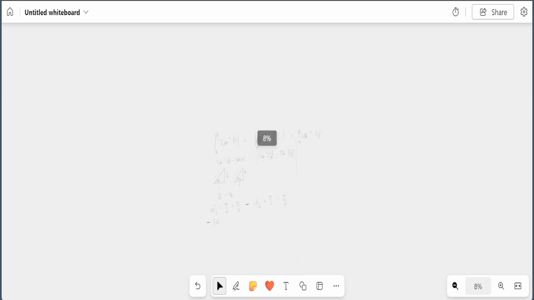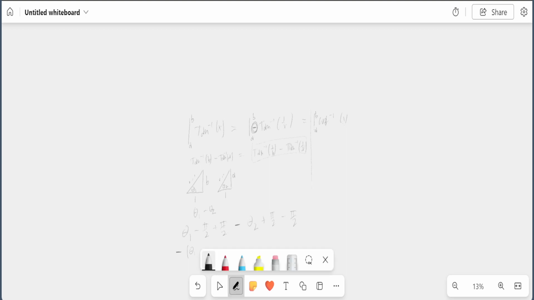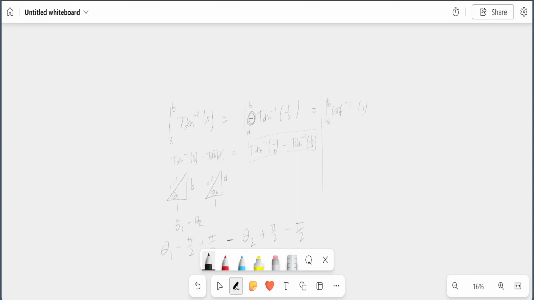This Zoom sucks. Okay, I'm going to write it off to the side, is that okay? Because I have a lot of space on the side. So I'm going to write it here. I'm going to say negative, plus pi over 2 minus, or plus, yeah, plus.